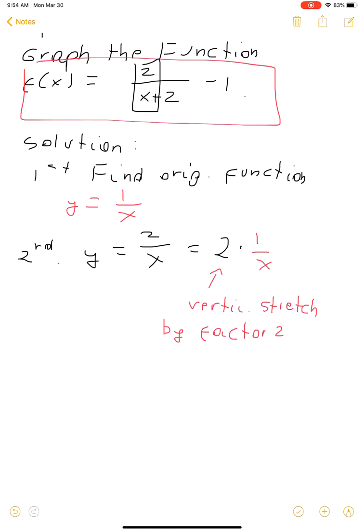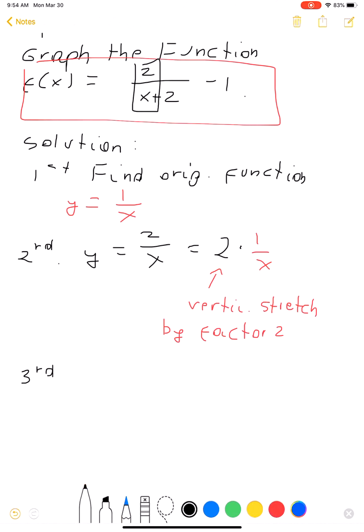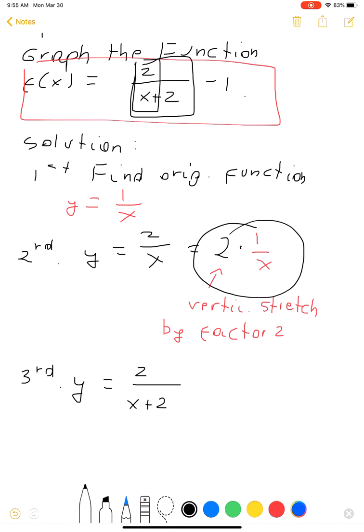So we're building the new function. Let's talk about the third step. Now we're going to work with y equals 2 over x plus 2. Look what happened. We're going back to the second step, where we have the function 2 times 1 over x. Now x is affected, we're adding 2.